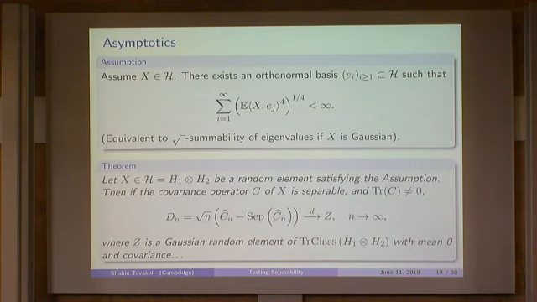So this is stronger, and essentially you need this because you need a central limit theorem for the sample covariance to hold with respect to the topology of the space of trace class operators. So usually you have a central limit theorem in the Hilbert-Schmidt norm, the Frobenius norm, if you assume that the fourth moment of x exists. But here you need a stronger convergence because you're talking about traces.